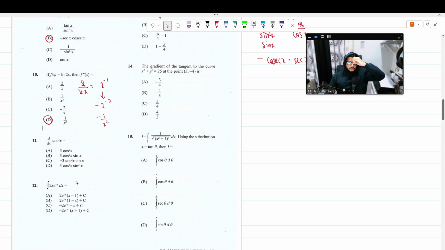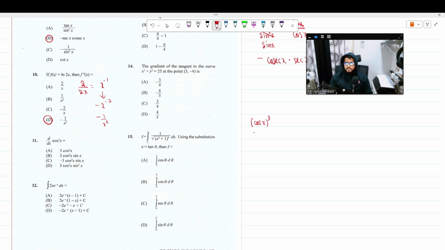D dx of cos cube x is, we can use a compound angle, a triple angle formula, but we could also use the chain rule. So we know that cosine cube x is cosine x all cubed.